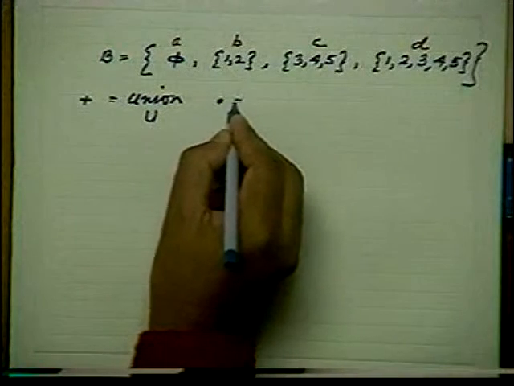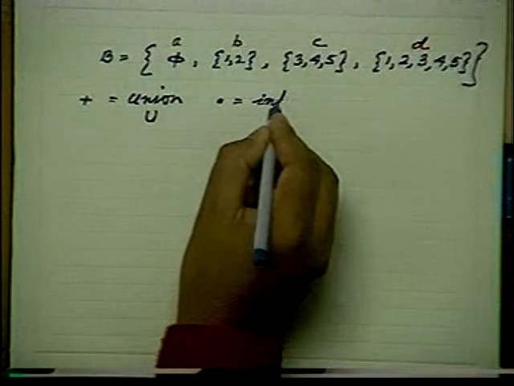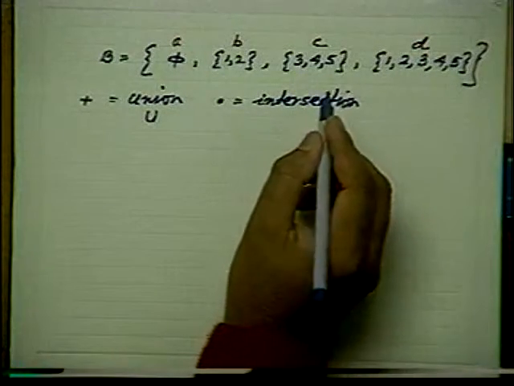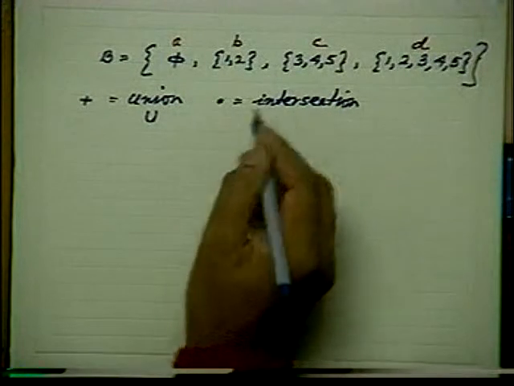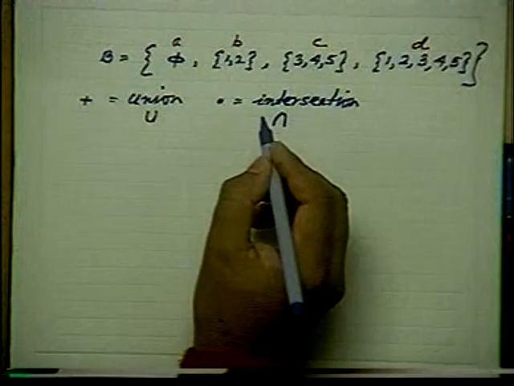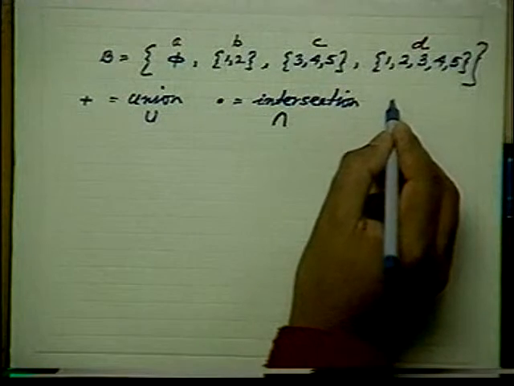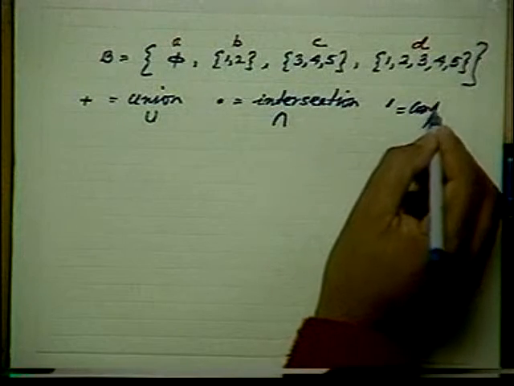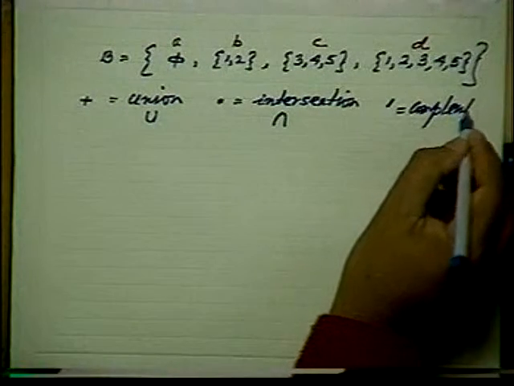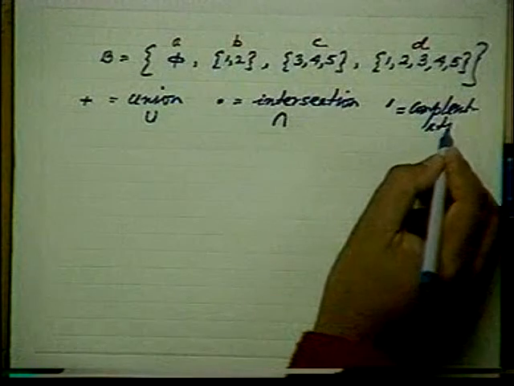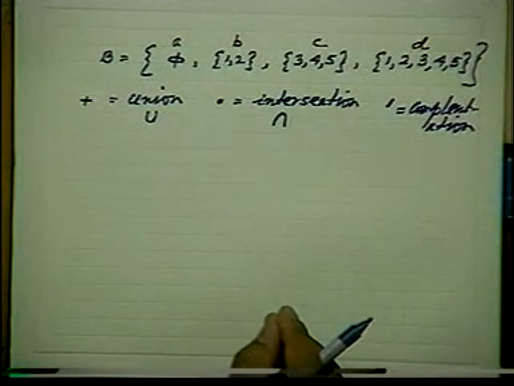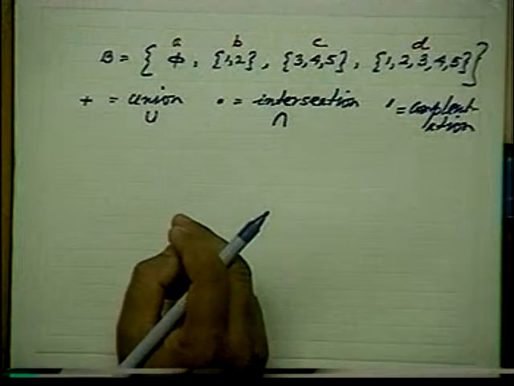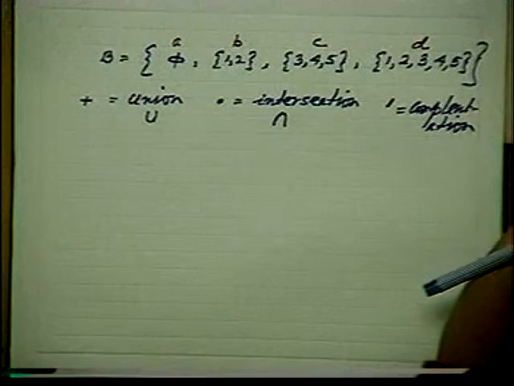Dot is my intersection, and this dash operation is essentially my complementation operation.